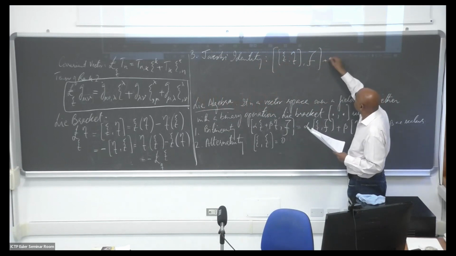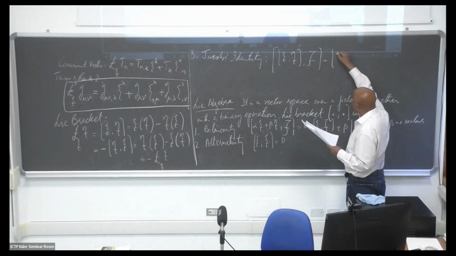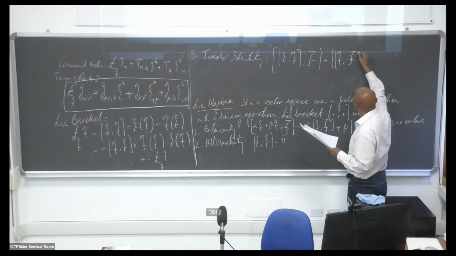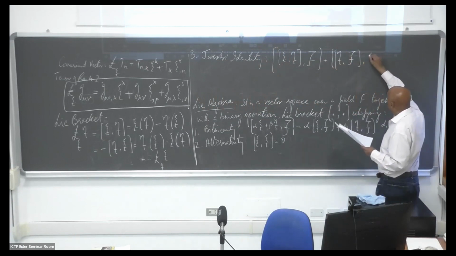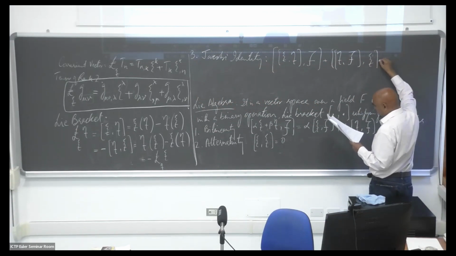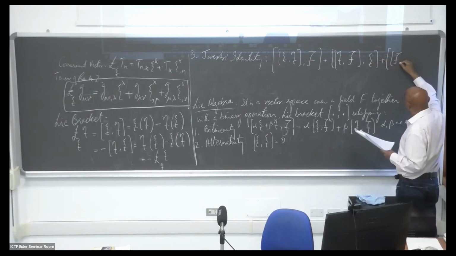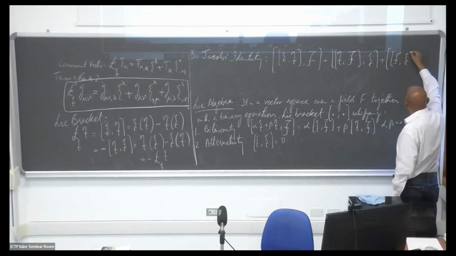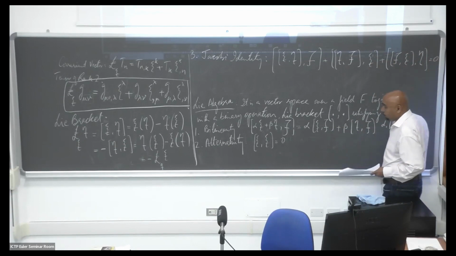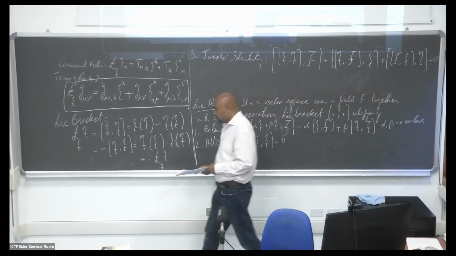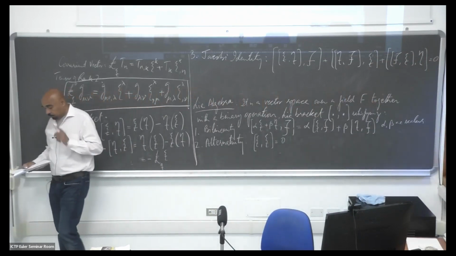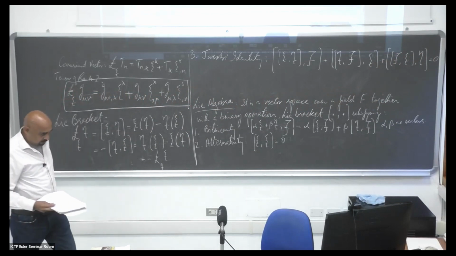Plus this eta combined with zeta and the bracket of xi, plus this zeta with xi and this eta. This should be equal to 0. So when we have three vectors, any three vectors will satisfy this Jacobi identity.